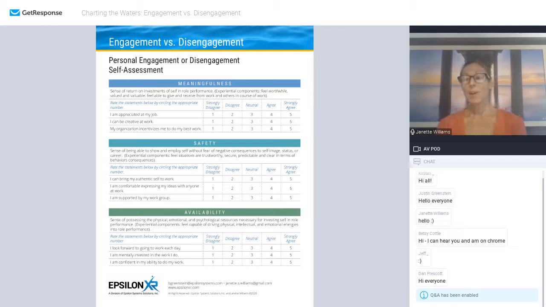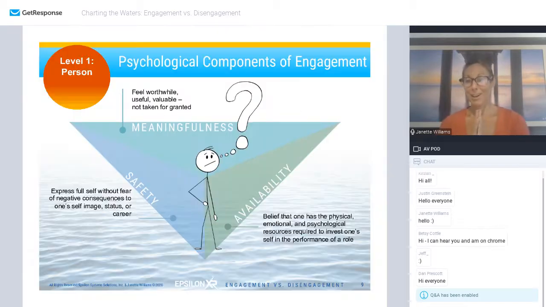So that being said, let's do a fun little poll for ourselves. Using your text box that Jessica talked about, it should be the little arrow. If you click on that, you're able to change it to text. What we'd like to do is, on a scale of 1 to 5, where do you see yourself in each one of these psychological components?